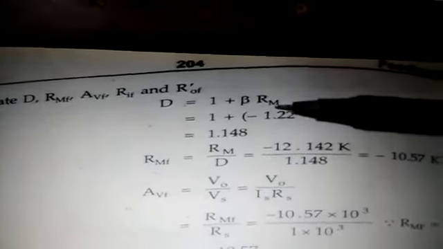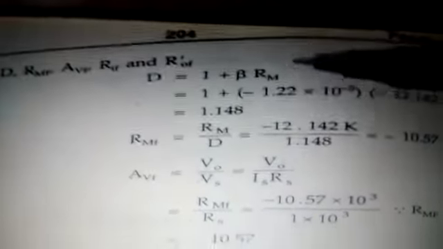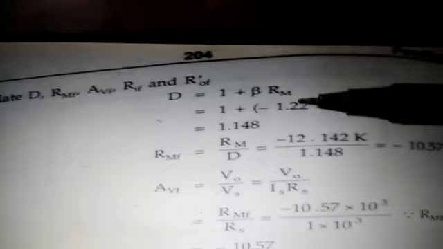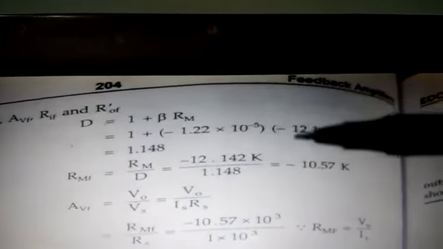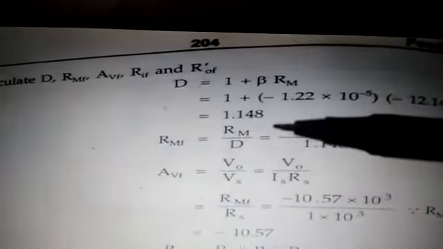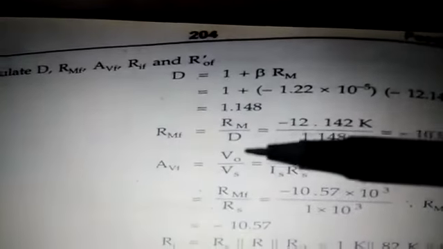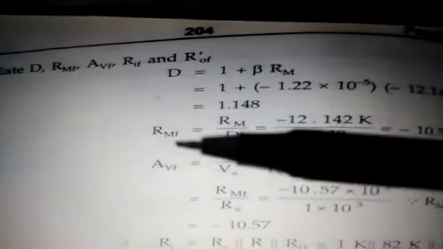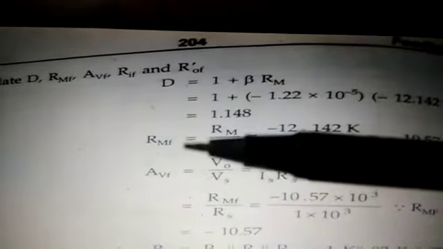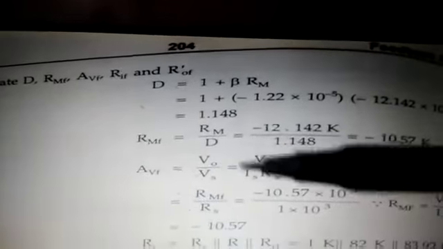It can be treated as a current gain. So 1 plus minus 1.22 into 10 raised to minus 6, and this value is given. You can calculate 1.148.